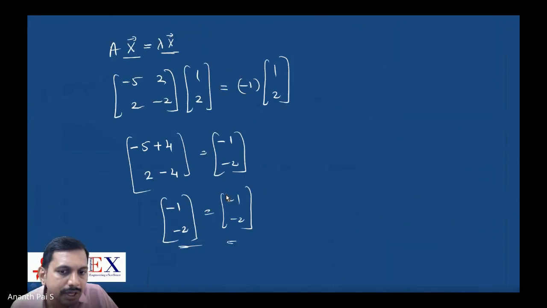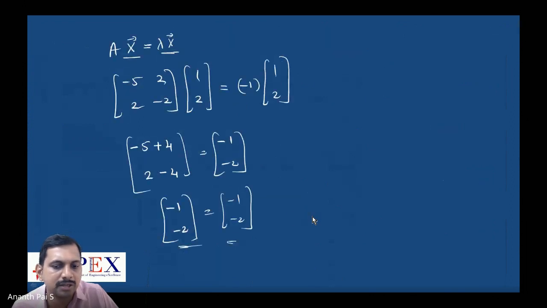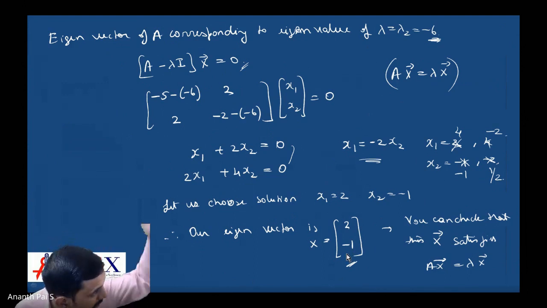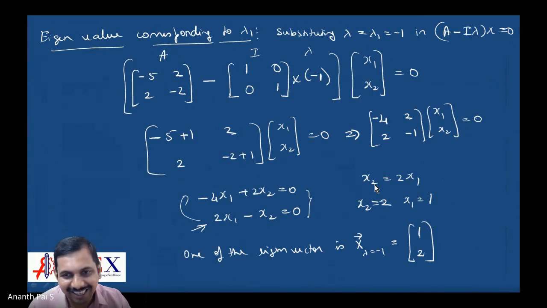Corresponding to the other one, which is minus 6, you will have another eigenvector. And you will see that these two are perpendicular to each other in a 2 by 2 matrix. Because you can plot it.